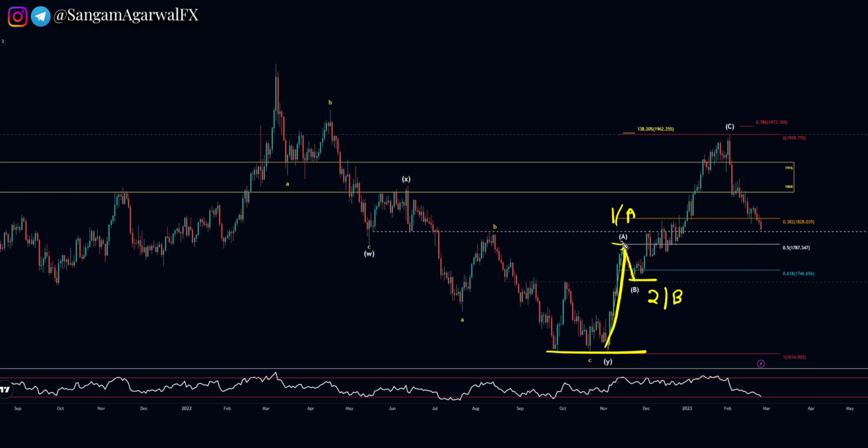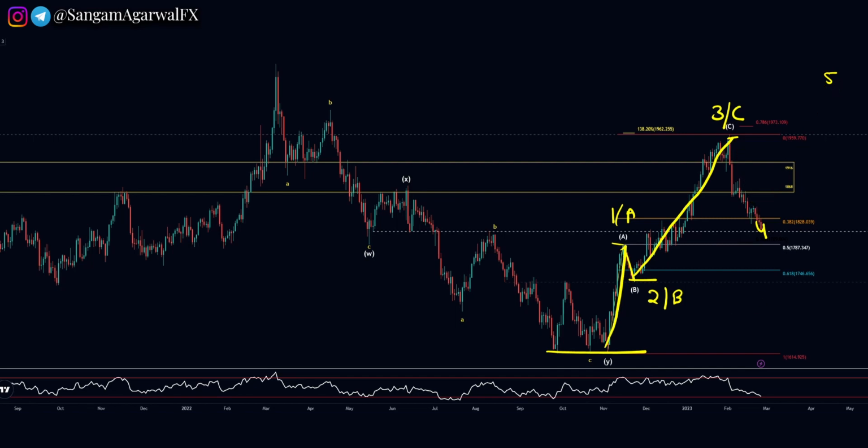Then this previous high breaks, the market makes a new high and goes up, and this can be your third impulsive wave or C corrective wave. But after that a correction comes again, and the next possibility is that this can be your fourth corrective wave, after which a new high will come and the next wave will be 5.